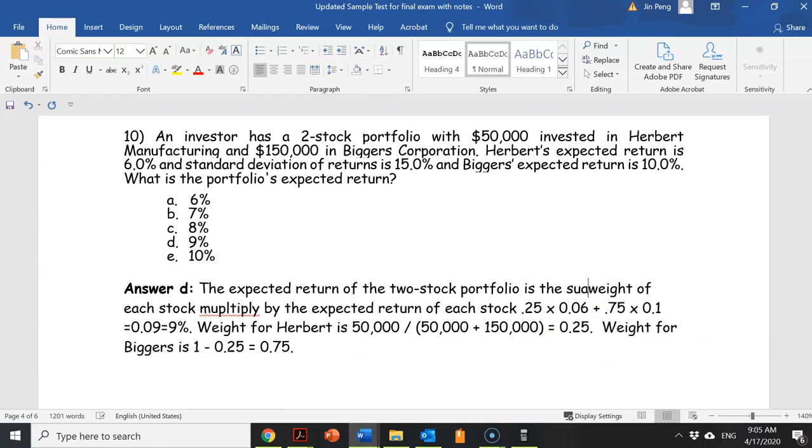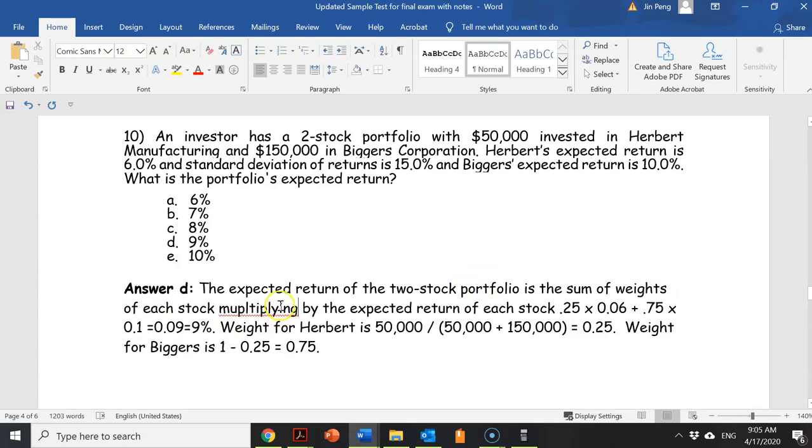So the sum of the weights of each stock multiplied by the expected returns of each stock. Okay, so that's the average expected return of the stocks in the portfolio.